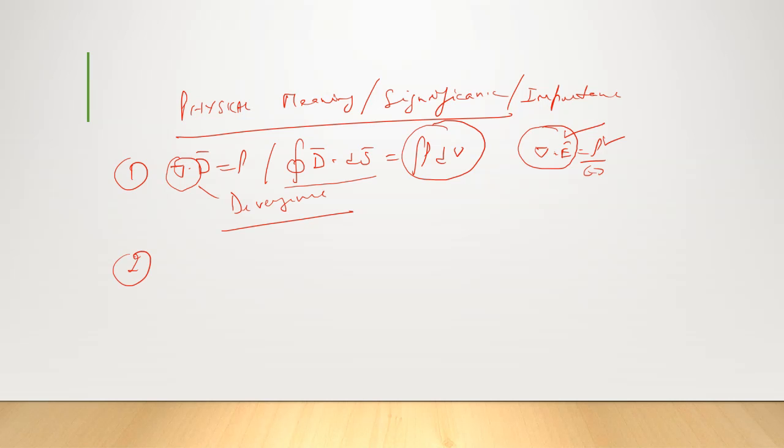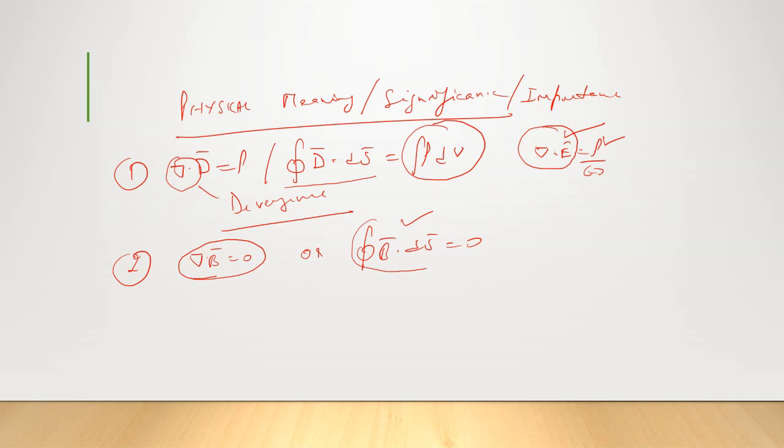The second Maxwell equation is del dot B equals 0, or in integral form, the integral of B dot dS equals 0. It means that the net magnetic flux emerging through any closed surface is 0.